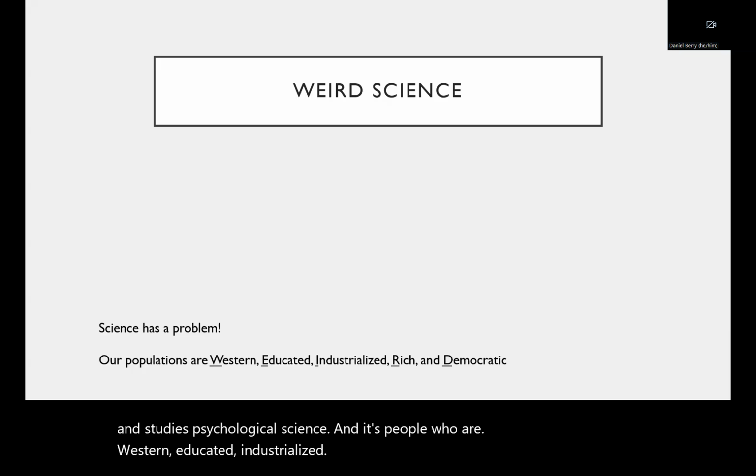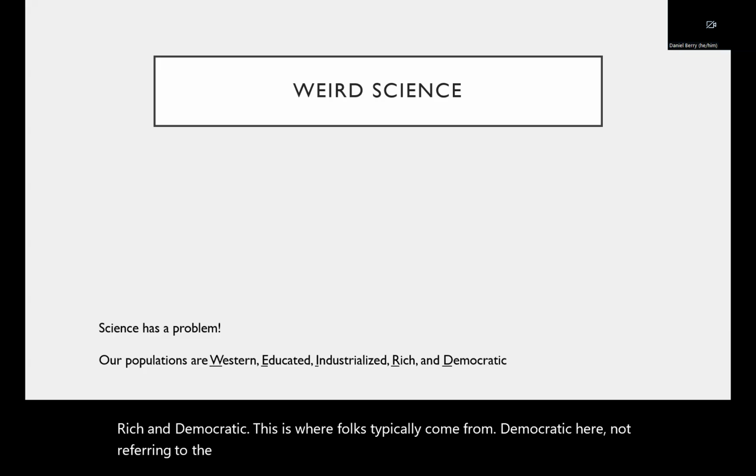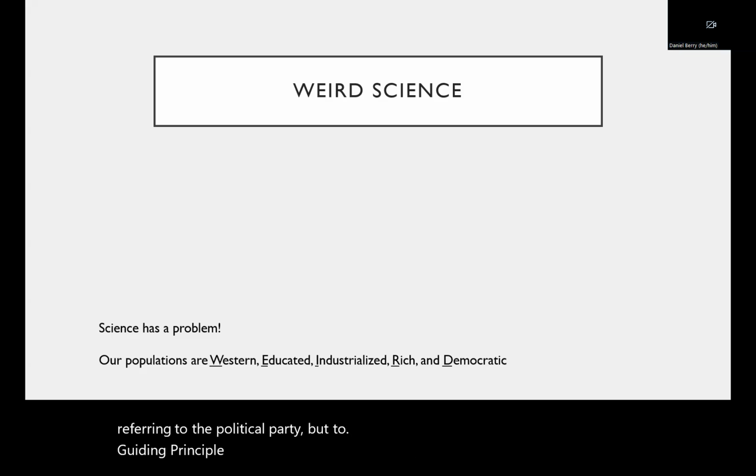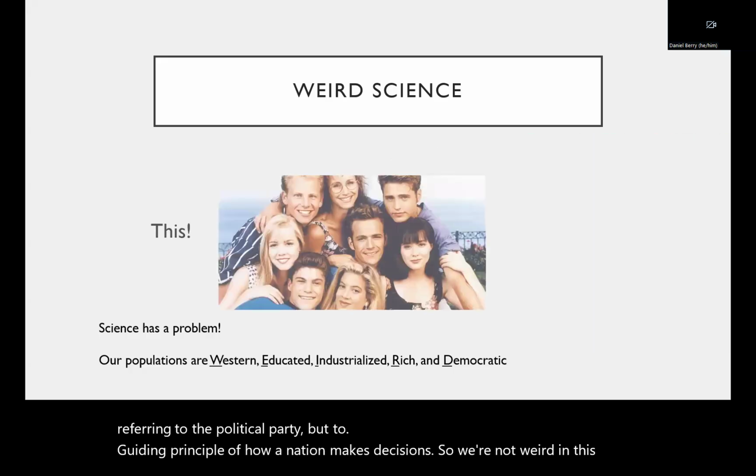This is where folks typically come from. Democratic here is not referring to the political party, but to a guiding principle of how a nation makes decisions. So we're not weird in this way. We are weird in this way.